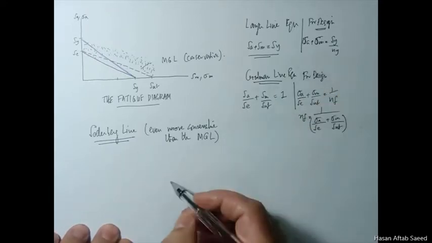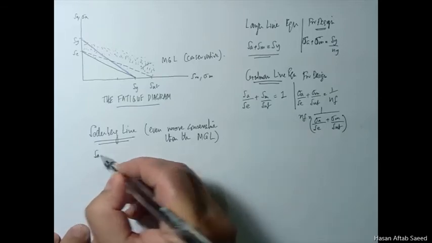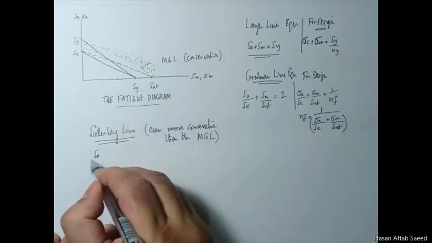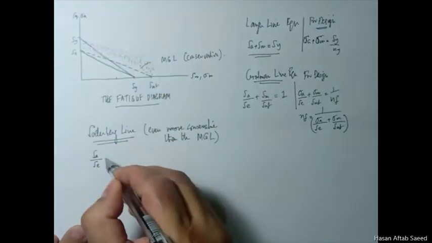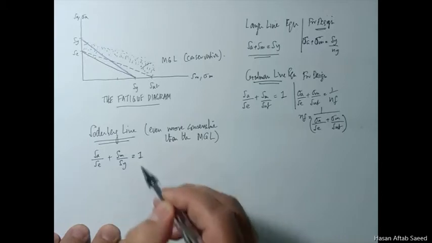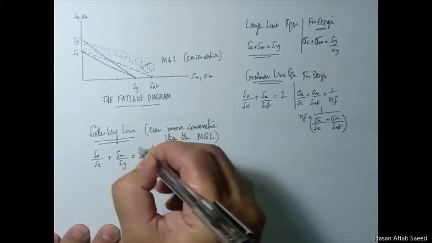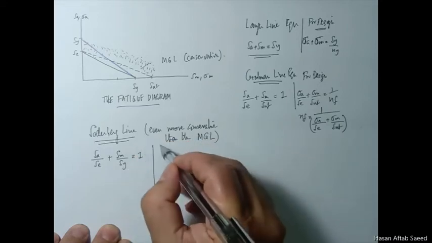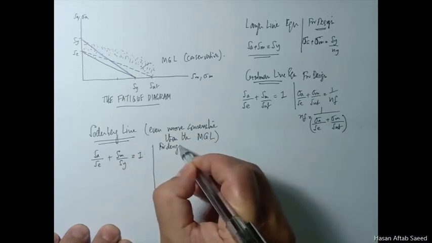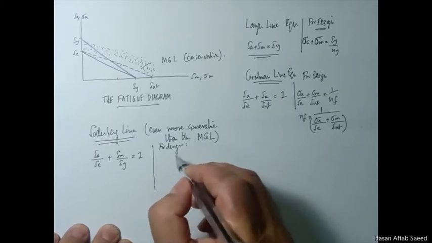But thinking along the same lines, if we were to find the equation for it, it would be SA over SE plus SM over SY is equal to 1. This is the equation for this line. For design purposes, we have to incorporate the factor of safety.